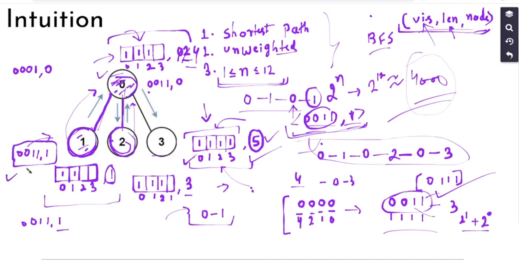So if we store this node into the set, and we check that this pair is already present in the set, that means this node has already been explored. We don't have to traverse this node back.